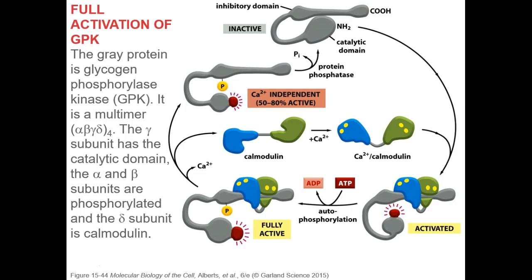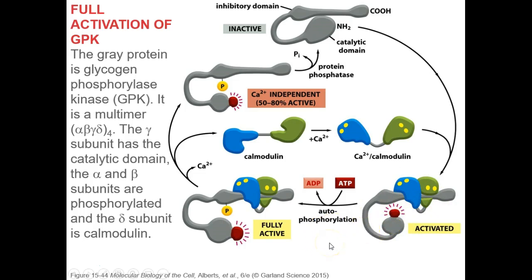So here calmodulin is actually part of the protein, which is not really shown very well in this picture, but it does show how it's activated. So I have my protein phosphatase, and then when calcium binds to calmodulin, we get this conformational change that occurs, and then that activates the phosphorylase kinase.